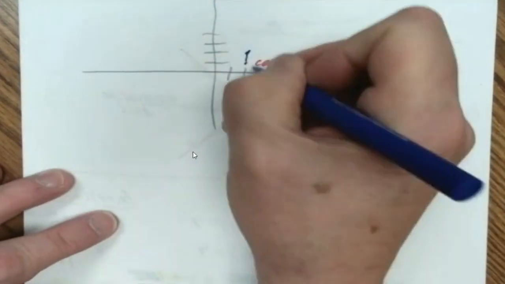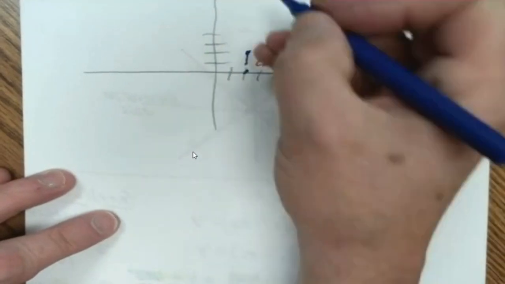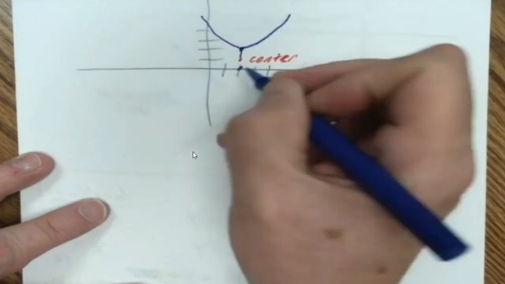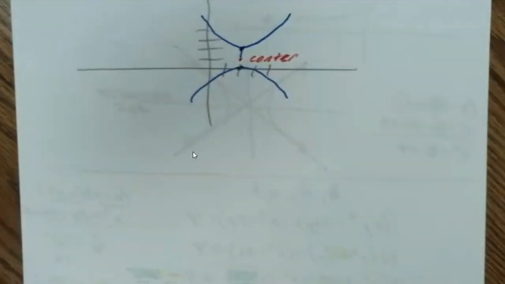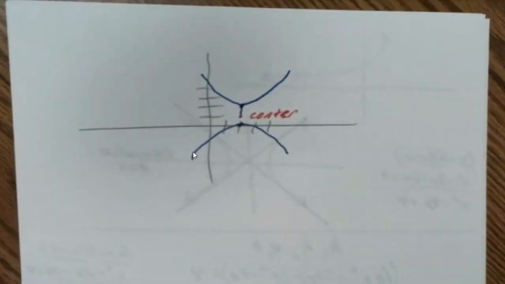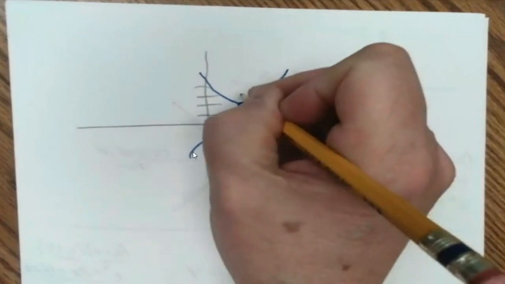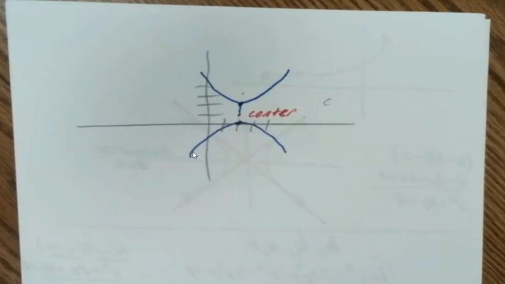There's one vertex, and the other will be right here. Those are the 2 vertices, which means that's the point that the hyperbola is going to come down through. And then the distance from the center to the focal point is c. So we have to figure out what c is. We have a and b, so we can do that.